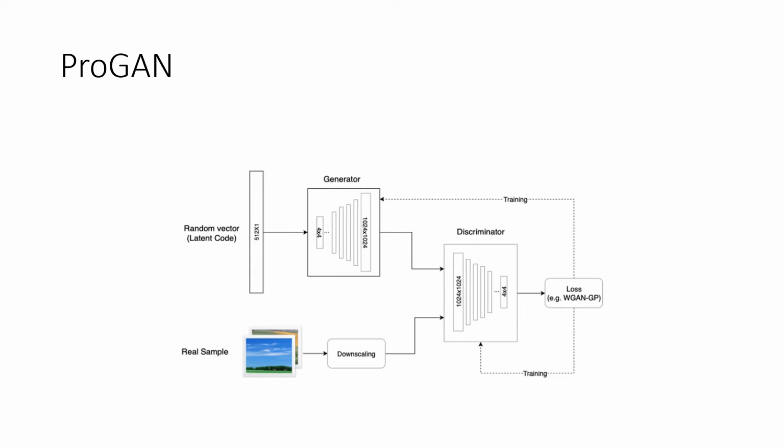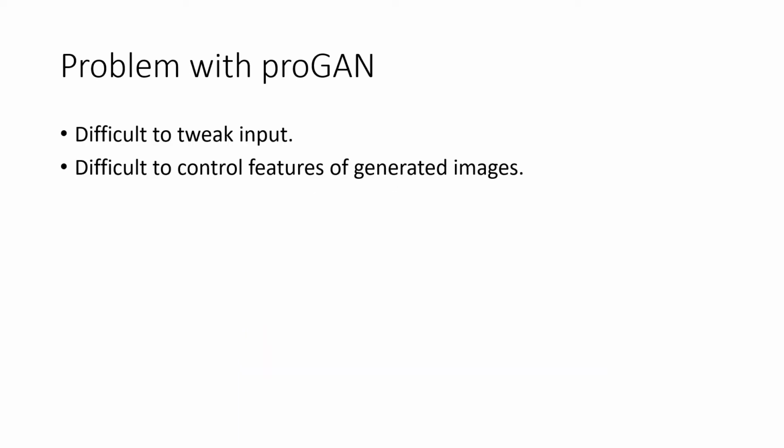The training process with ProGAN is usually faster and easier as it starts with low resolution images. Here, as the features are entangled with each other, it is difficult to tweak the input. If we try to do so in one feature, it will affect multiple features at the same time.